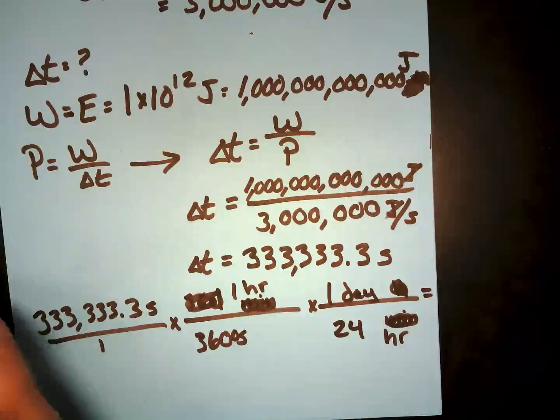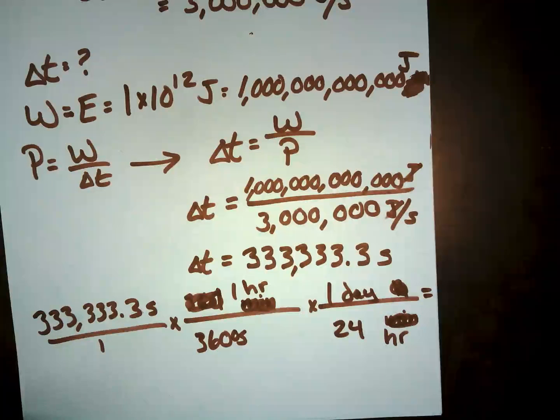So 333,333.3 times 1 divided by 3,600 times 24.